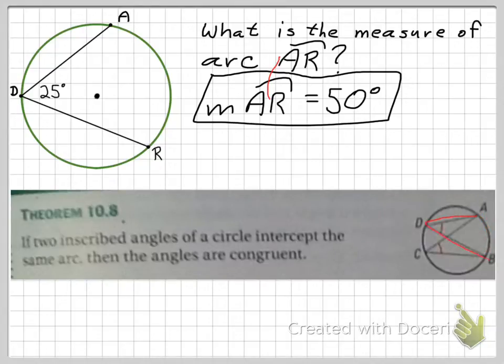You have this angle intercepting arc AB, and you have this angle intercepting the same arc, arc AB. So that means that the measure of angle ADB is congruent to the measure of angle ACB. These 2 angles have to be congruent because they're intercepting the same arc.